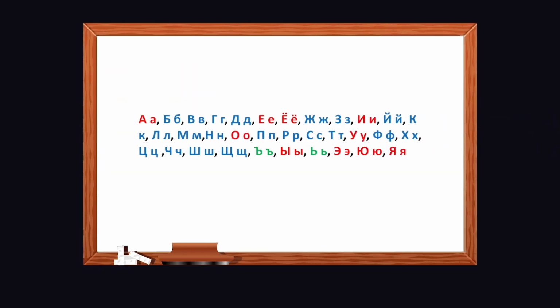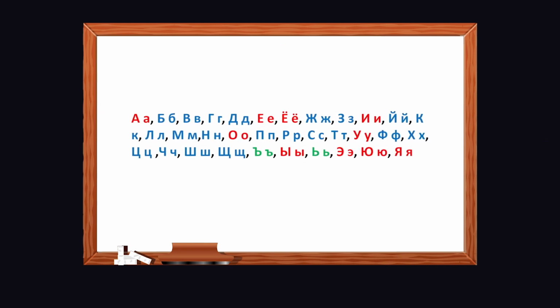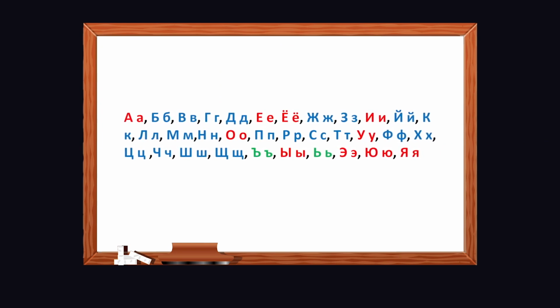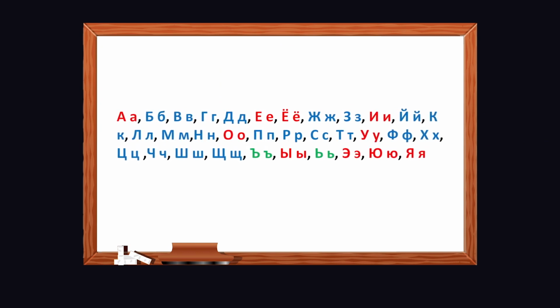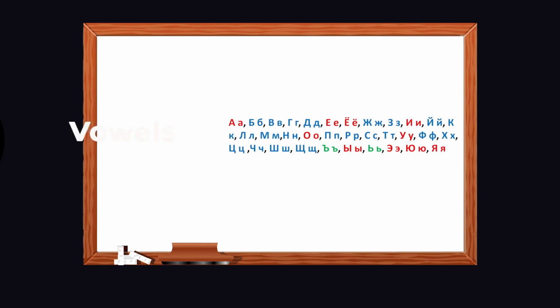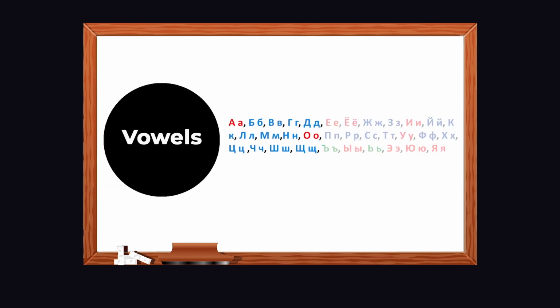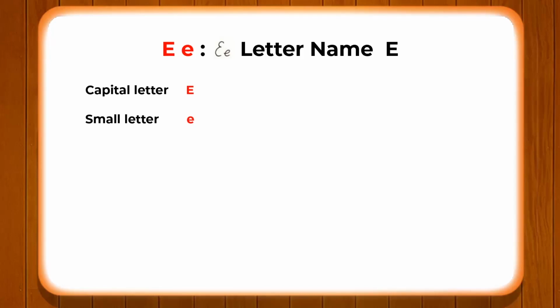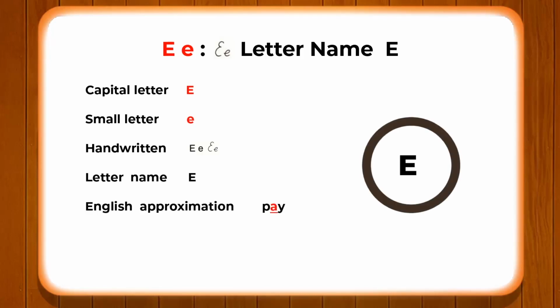First we are going to do all the vowels. If we see the previous part, there also the letter is marked with red color, which means it's a vowel. And now again this one, ye, is also in red color so that you can understand for sure that this is a vowel. This is only for the beginning. Later on there will be no special color scheme to identify whether the letter is a vowel, a consonant or a sign.